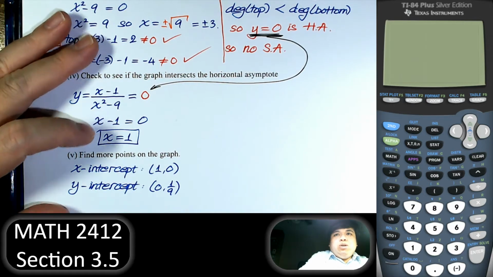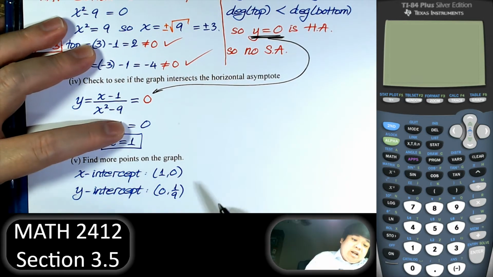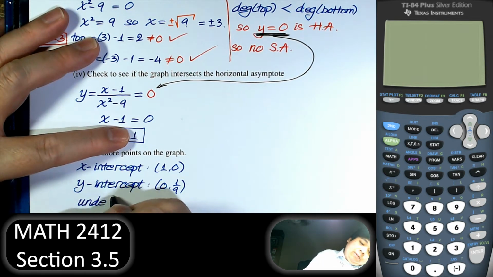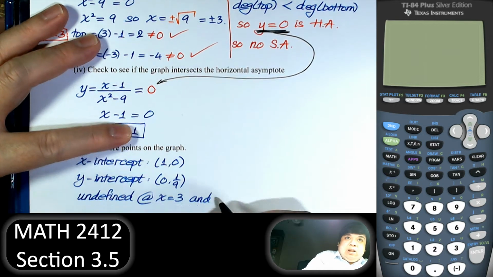And then we can choose a few points, like 2. We're not going to choose -3 and 3, right? Those are undefined. It's x equal to 3 and x equal to -3.